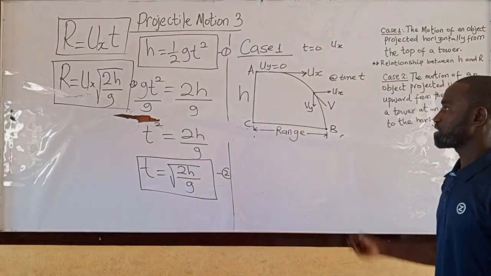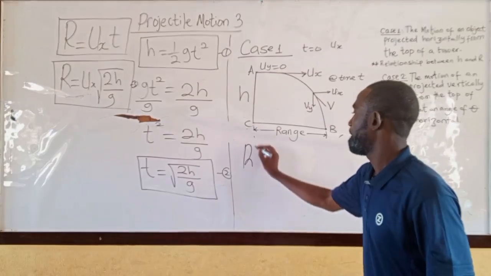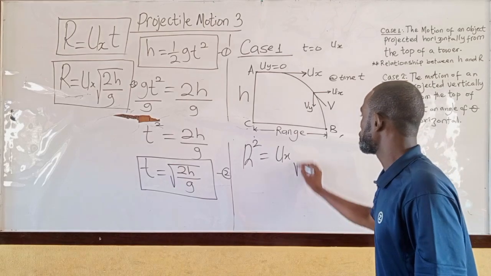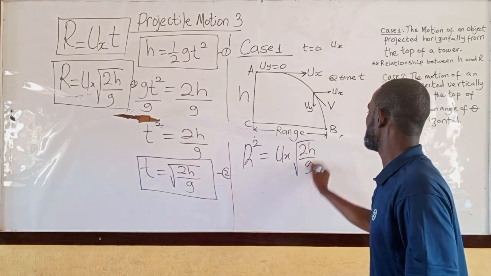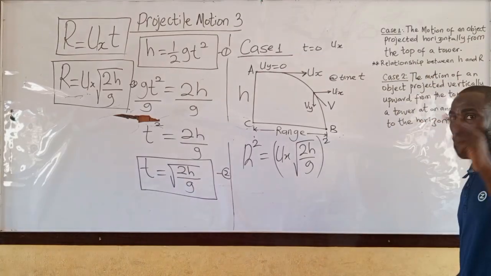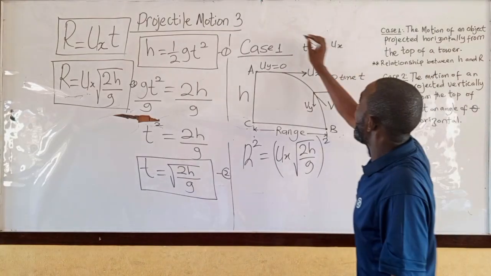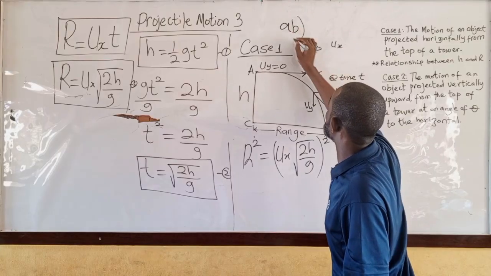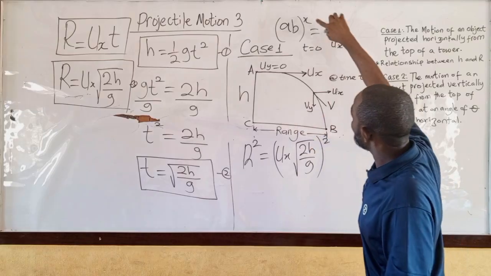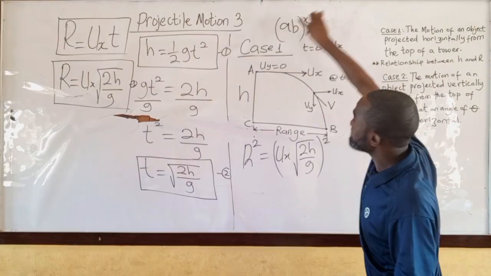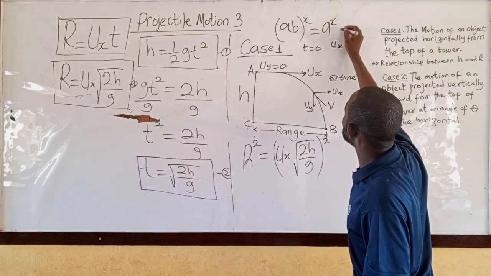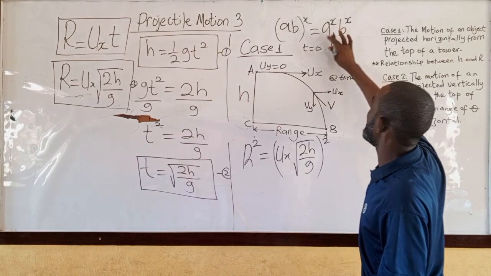So square both sides of equation 3, I'm having R squared equals (u_x root of 2h all over g) all squared. From one of the laws of indices, if I have (ab) raised to power x and I open the bracket, this x will affect a and this x will affect b, so we have a^x times b^x.